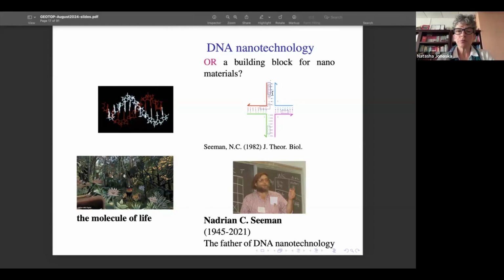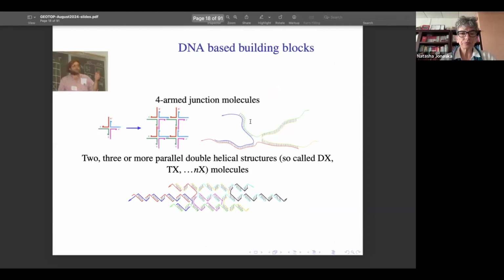However, they're never stable because they have symmetric complementarity here, and the molecules kind of move around. But if the nucleotides and the bases become asymmetric, then we end up with this 4-arm molecule that is pretty stable. And he proposed this molecule as a basis for building structures with DNA.